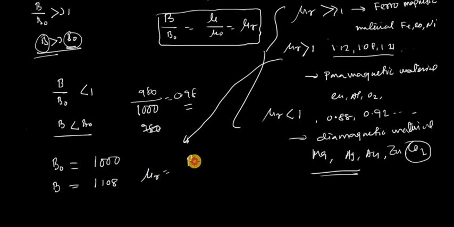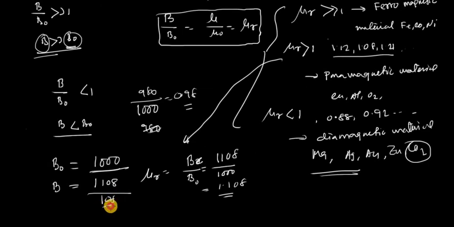Mu r is B by B0, that means 1108 by 1000, which is 1.108. So initially we have 1000 lines of force in a particular region, and if you place a paramagnetic material in that region, your lines of force increase to 1108. That means 108 more lines of force per unit area.